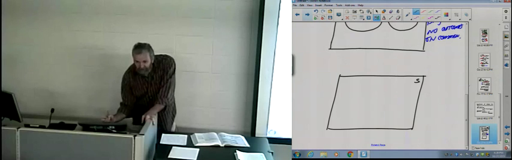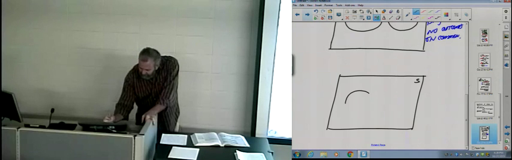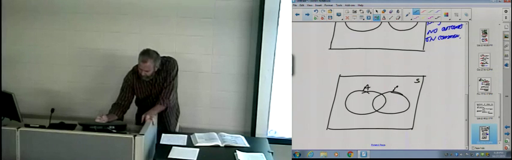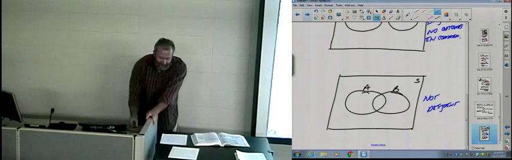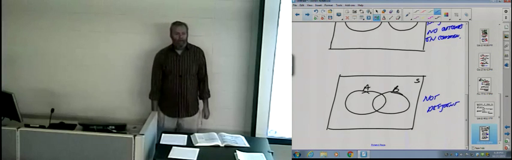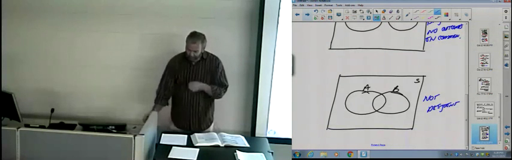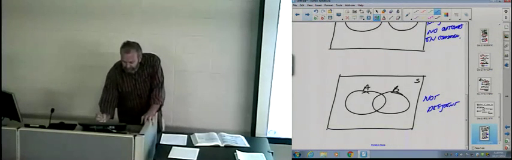That represents your sample space. Here sits my A. Here sits my B. This would be not disjoint. I have outcomes in common here.